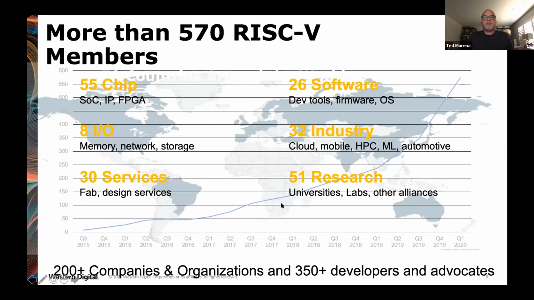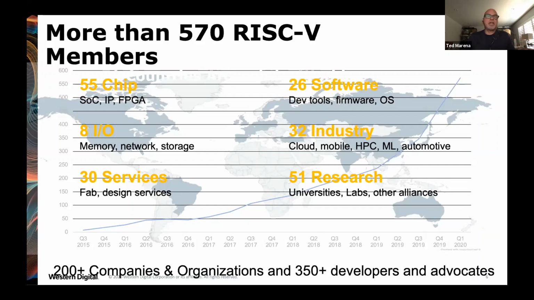There were some key inflection points, when Western Digital made an announcement at the end of 2017 that they were going to be moving their devices to RISC-V. It provided a lot of momentum, and you can see things have continually moved up and to the right. We are really excited about the breadth and support that the ecosystem and the membership are contributing to make this very successful and wide-reaching.